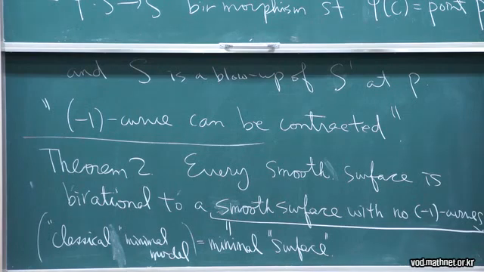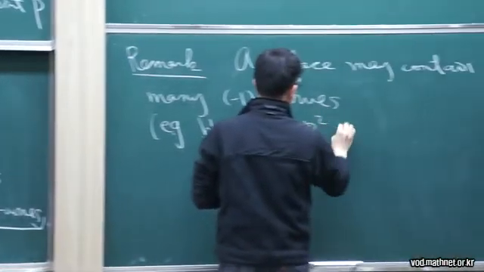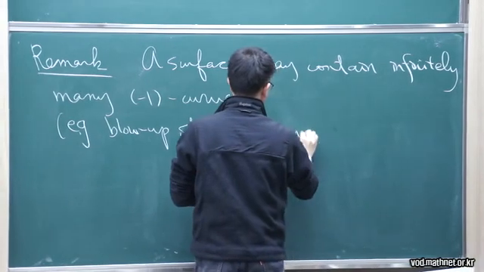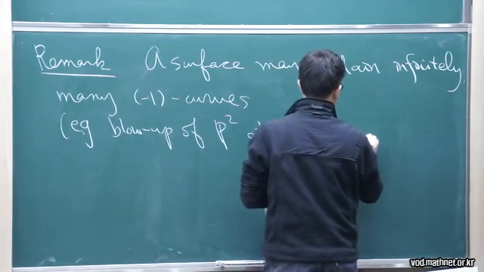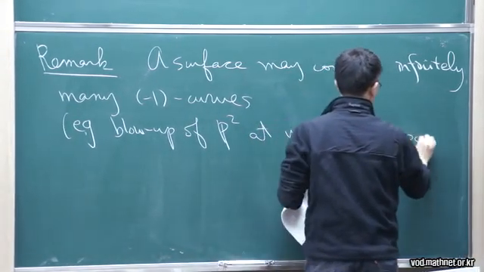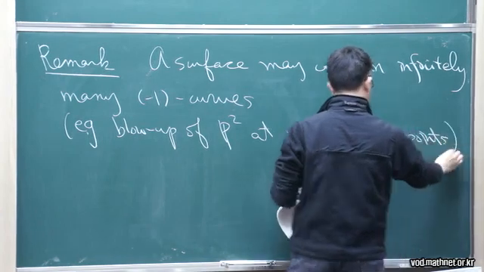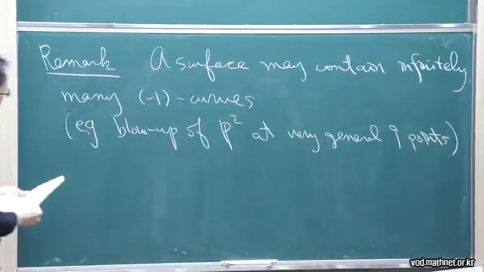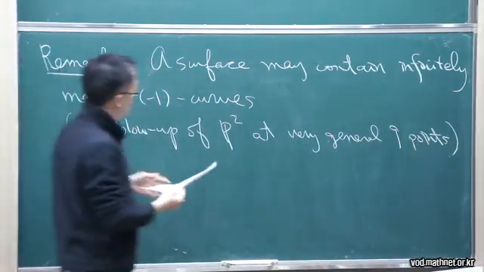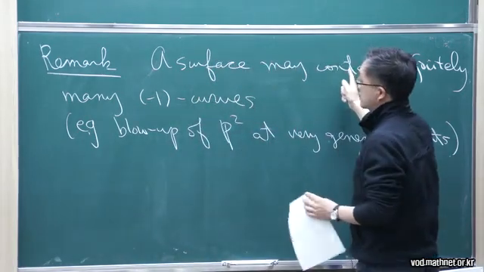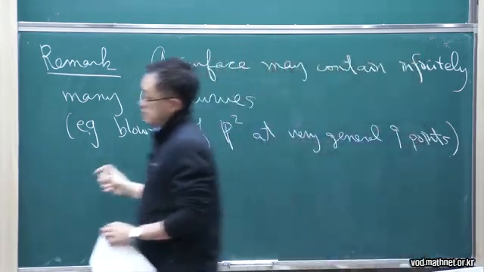There are many examples, but the most famous one is the blow up of P2 at very general 9 points. On such a surface, you have infinitely many -1 curves.